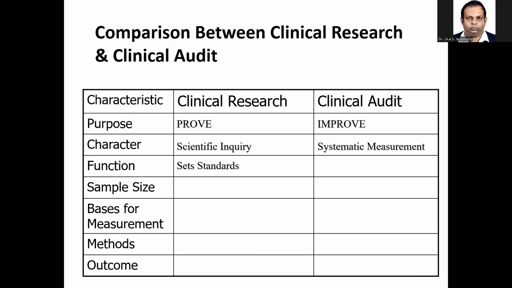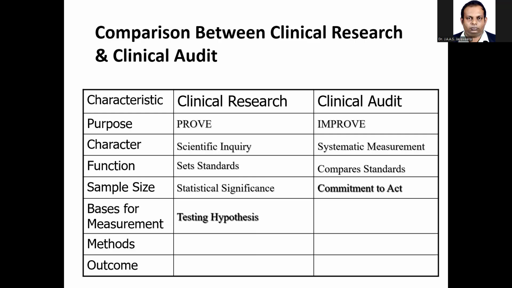Function: like set standards, here it compares the standards. Sample size and statistical significance apply for research. Here, commitment to act. Basis for measurement: testing the hypothesis, will this happen or not. Here it is standards of practice. Method: in research there is a new treatment. Here, no new treatment.